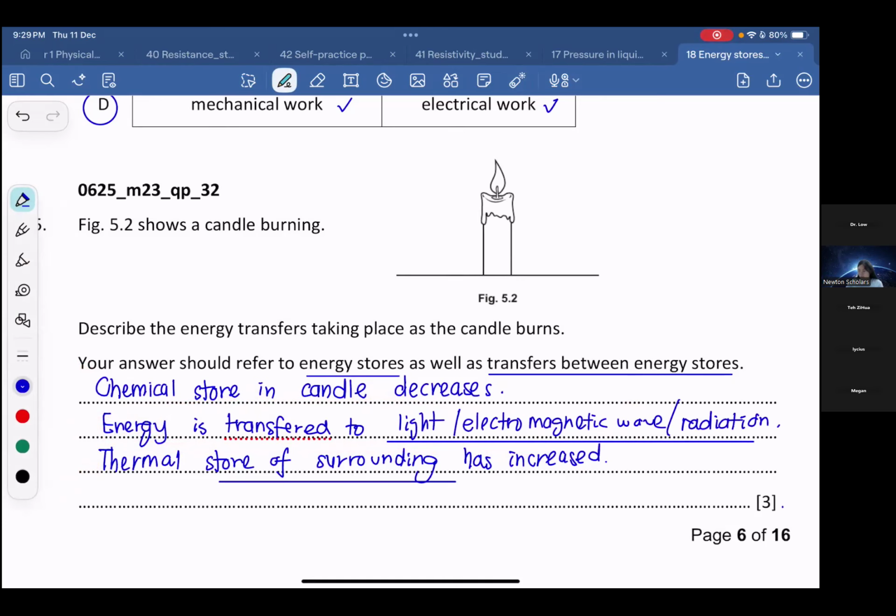Here is 3 marks. In between them, they transfer to light energy. Then after that, at the end, what store will increase? The surrounding is getting hot, so its thermal store has increased.